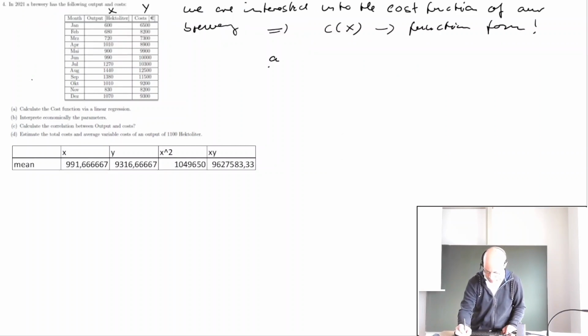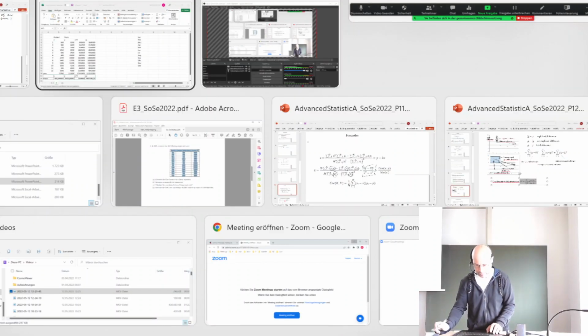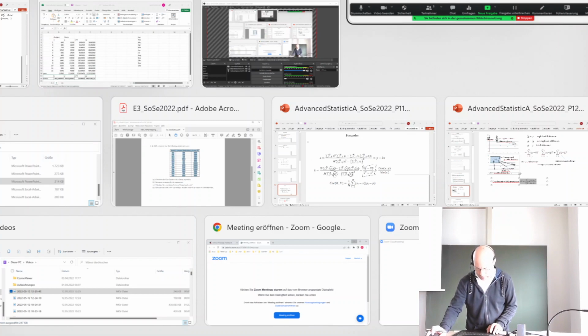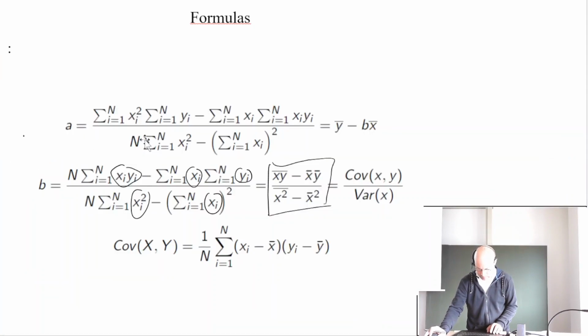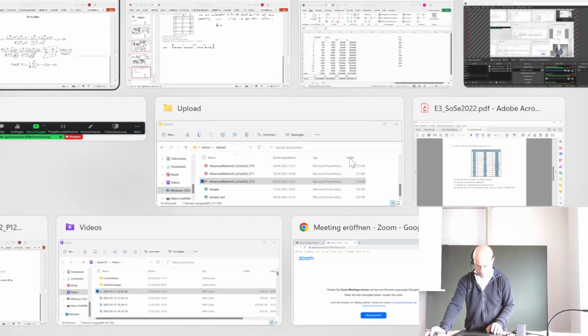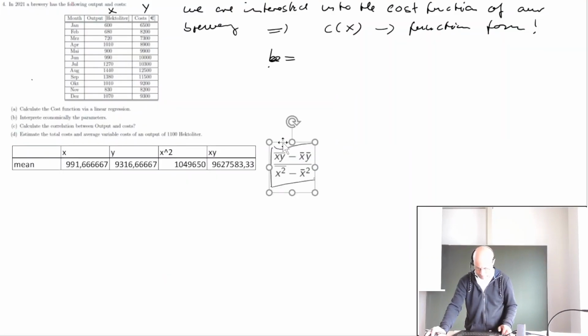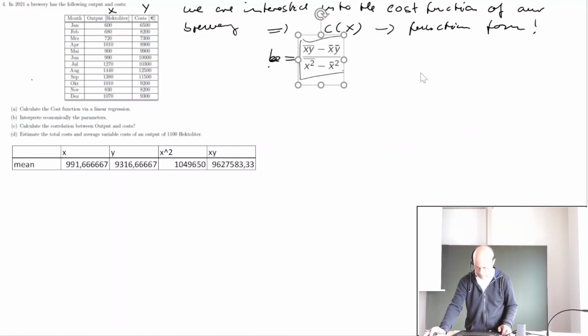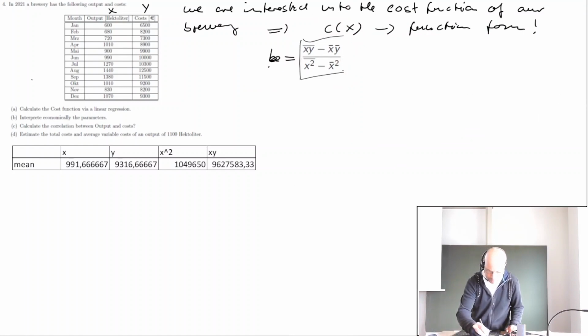So, b. This first, we just take again our formula here. I can cut it. Copy. And thus we can insert x bar, y bar. This is here.